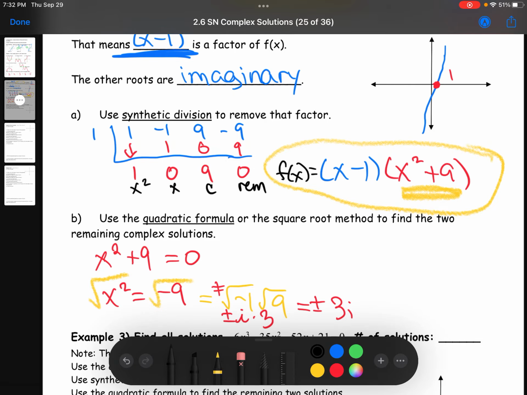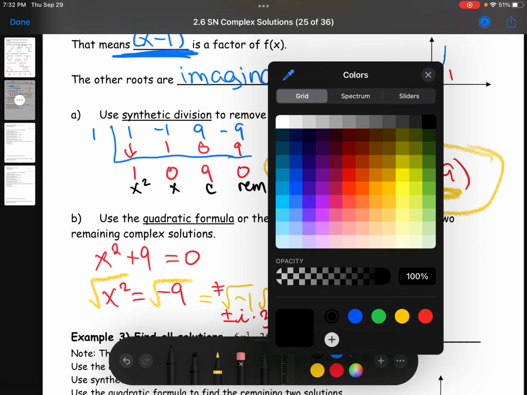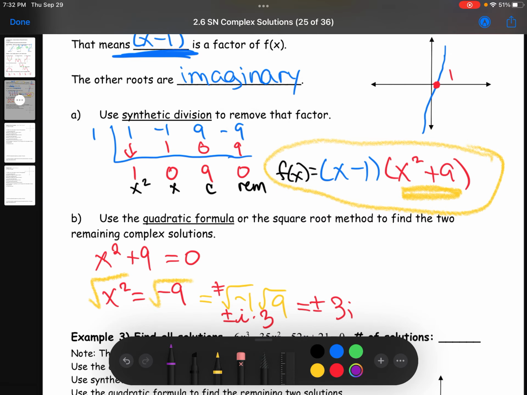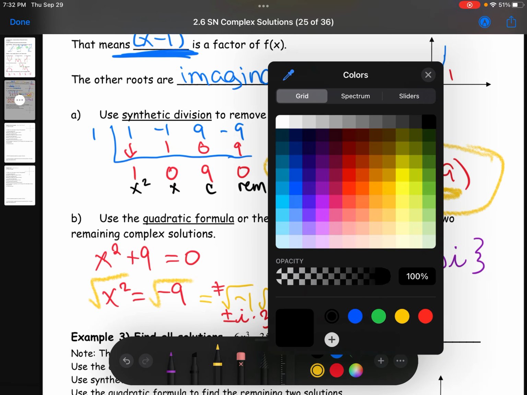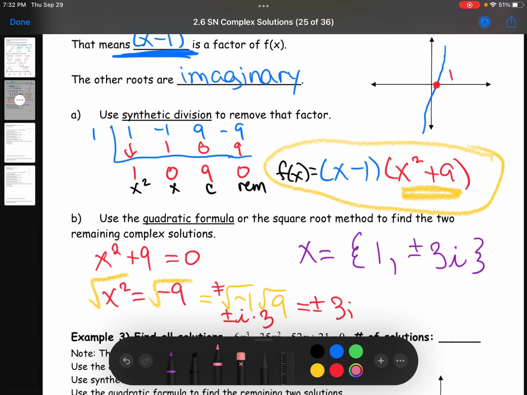Now, all of the solutions, okay, we said right up above this that we had 3 solutions. So all 3 of those solutions: x equals 1, which we could see on the graph, and then we found the other solutions, plus or minus 3i. Now, that plus or minus 3i is not going to show up on the graph.